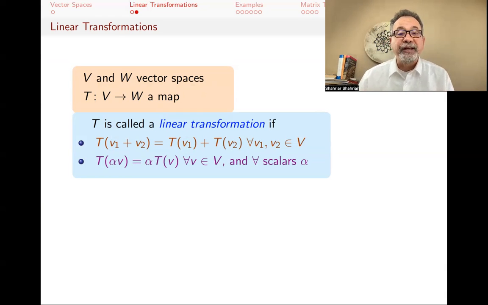We call these preserving addition and preserving scalar multiplication, or the linear properties, that a map may or may not have. If it does, then the map is called a linear transformation.